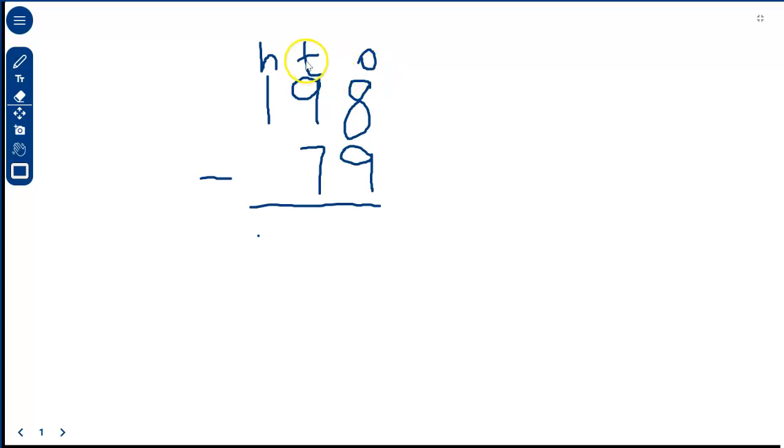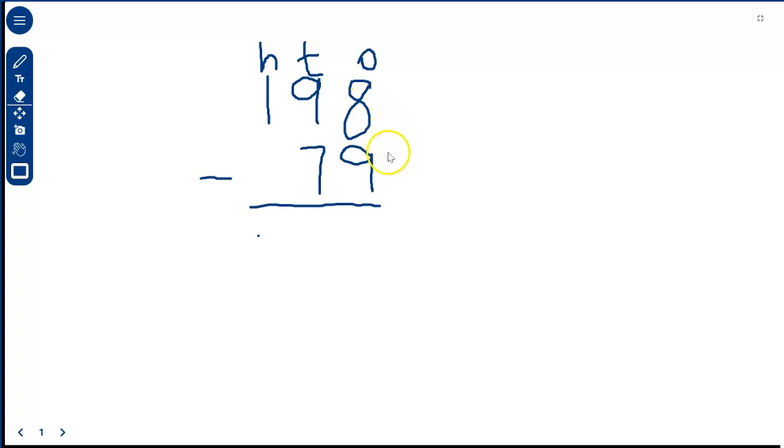The same case, if we would have gone to the hundreds column to borrow a number, then if we bring it to the tens, it means we are borrowing 10 tens, because 10 tens make 100.